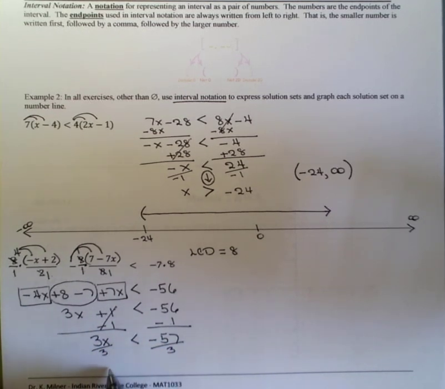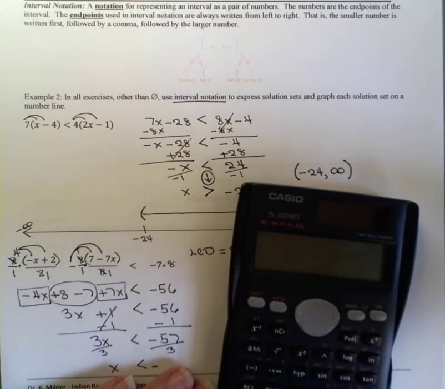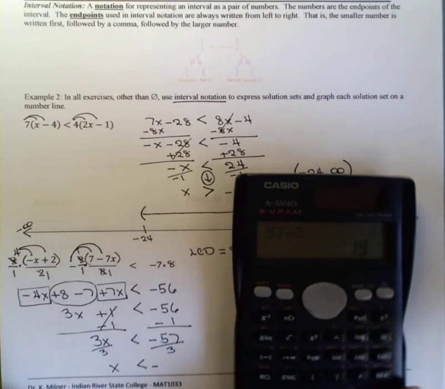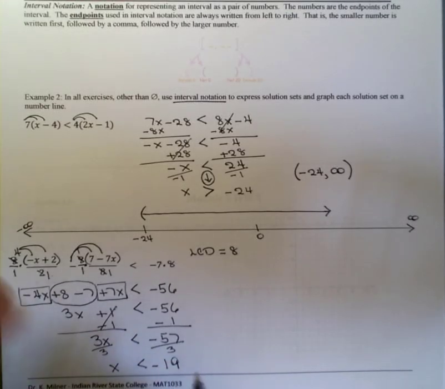So I end up with x less than a negative number. What is 57 divided by 3? I should know that one. Maybe I don't. So 57 divided by 3, just to be careful. Okay, it's 19. Negative 19. Now, x is less than negative 19.